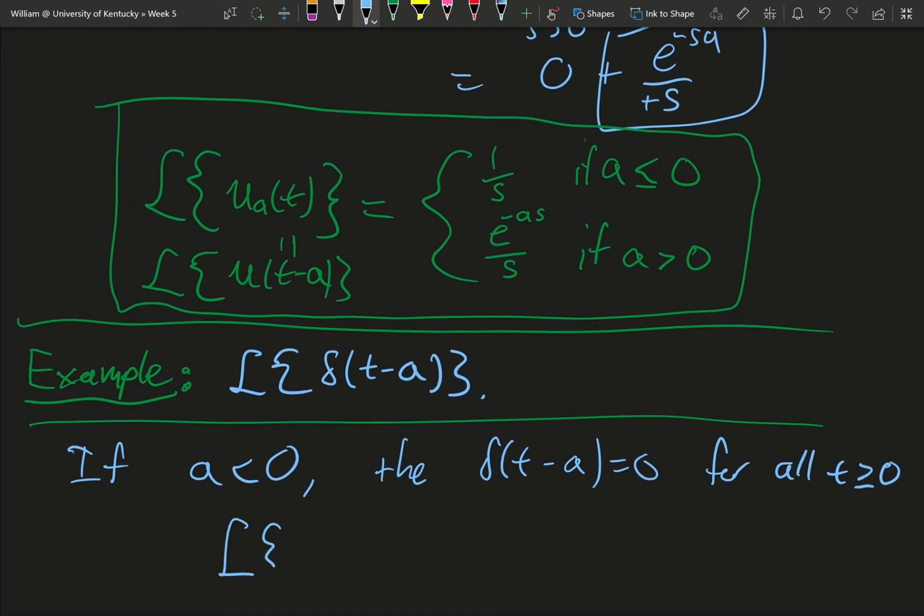And so this integral is just going to be 0.